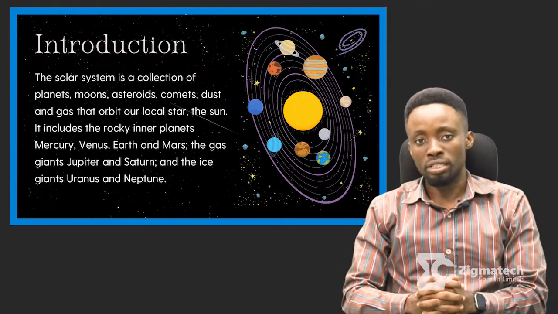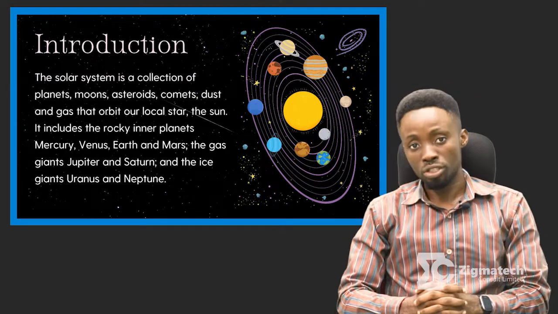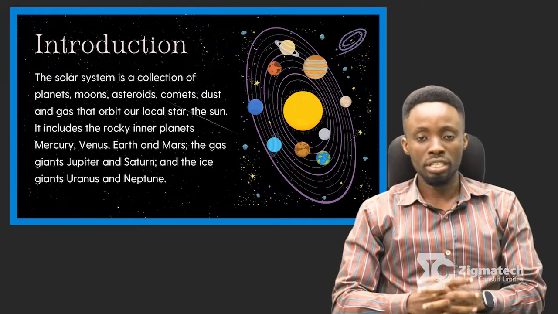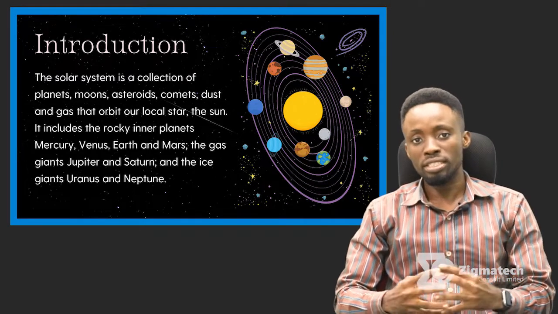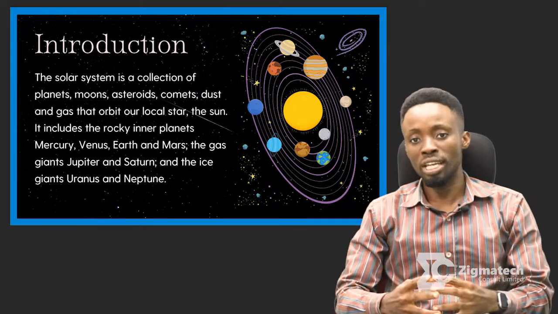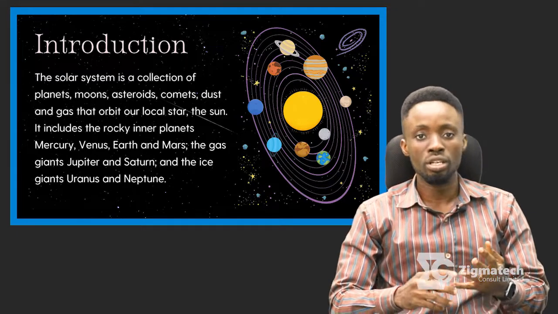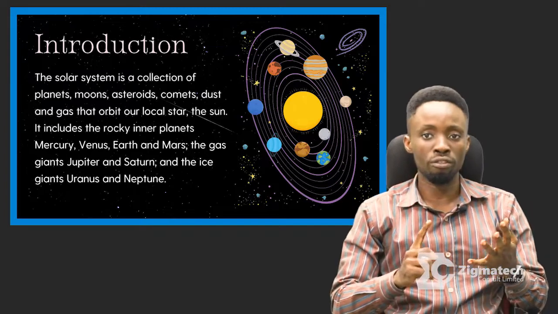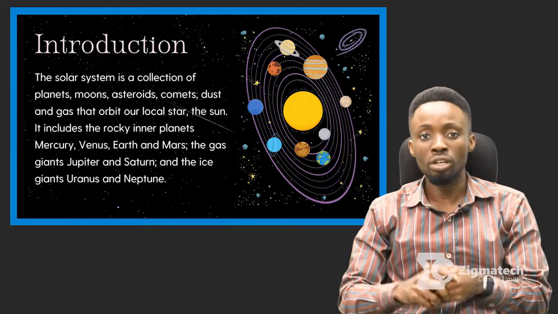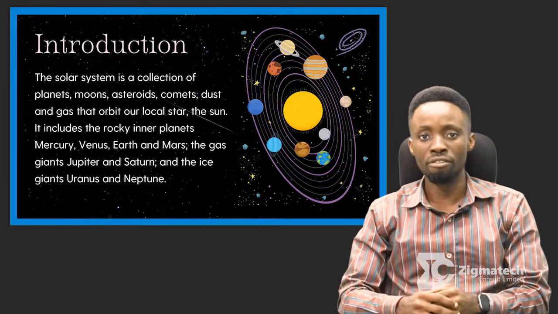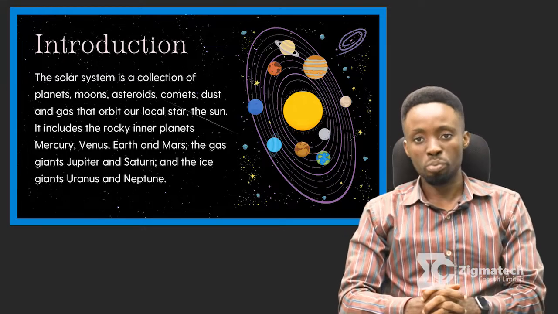But before we look at the planets of the solar system, let's just take a look at the solar system. Now, the solar system is actually a collection of planets, of moons, also of asteroids, comets, dust, and other celestial bodies we have right in space.